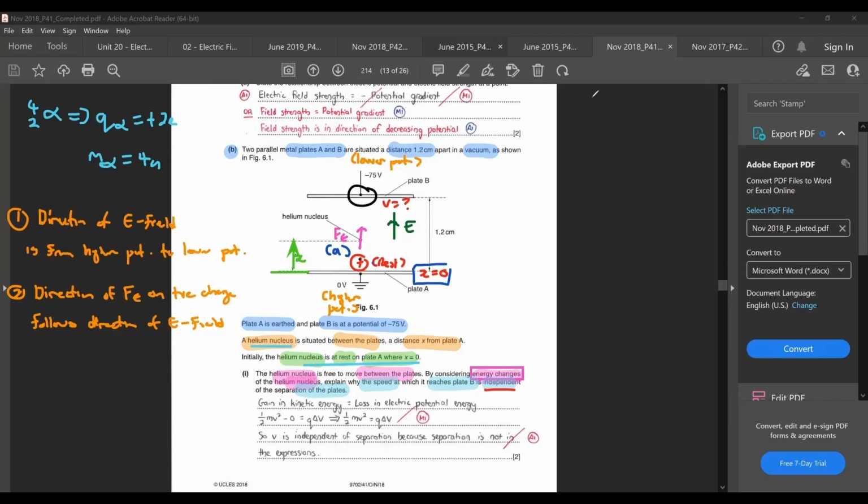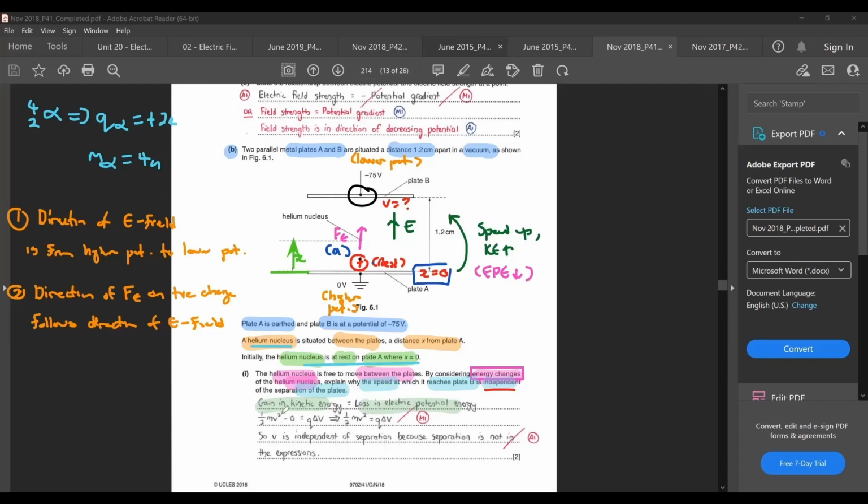So for this one, you consider energy changes first. If you go from here to here, I already know I speed up, so my KE increases. And if my KE increases, my EPE must therefore drop because of conservation of energy. So I could say that the gain in kinetic energy is equal to the loss in electric potential energy.